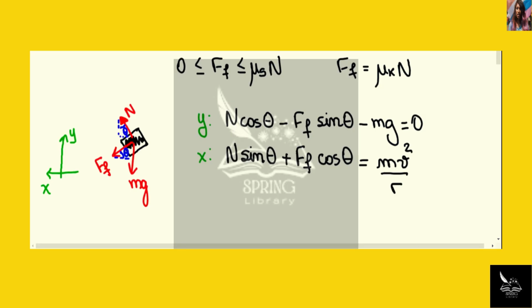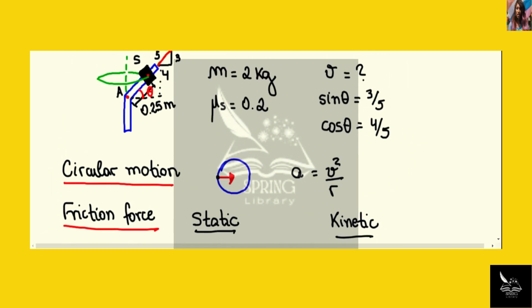Now, what exactly is r here? Notice that the distance between point A, through which the axis of rotation, this axis here, passes, and the spool is 0.25 meters. But this is not exactly the radius of the orbit, since the radius is this distance here.